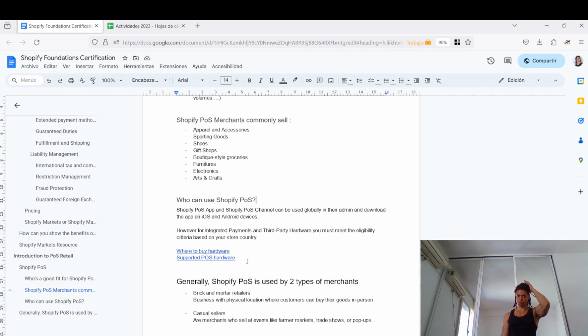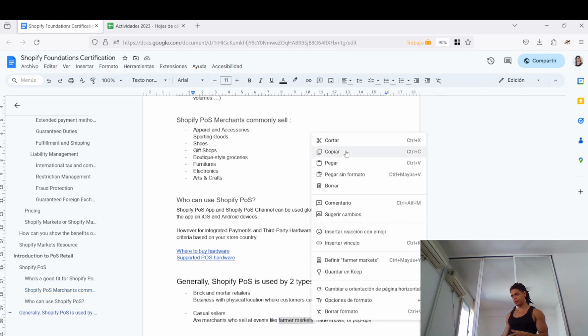How do you say that, my friend? How do you say market, but not agriculture markets? Agriculture or farmer? Okay, farmer markets. And farmer markets are like here.